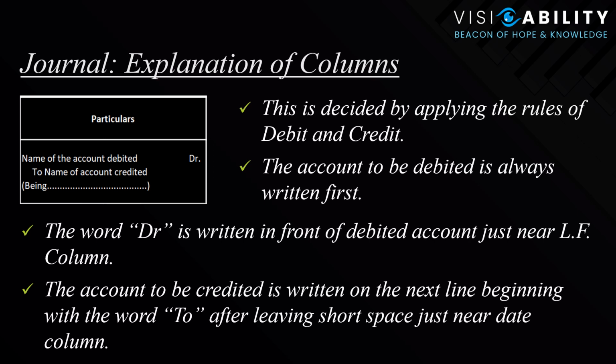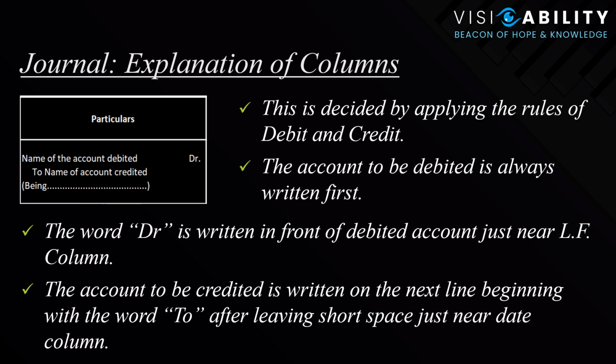Now in all my coming videos, I would not be giving all these details about how to write each and everything specifically. We would be discussing only the journal entries themselves. Whichever account is going to be credited, we are supposed to precede it with the word To, followed by the name of the account, in our example capital, followed by A/c.